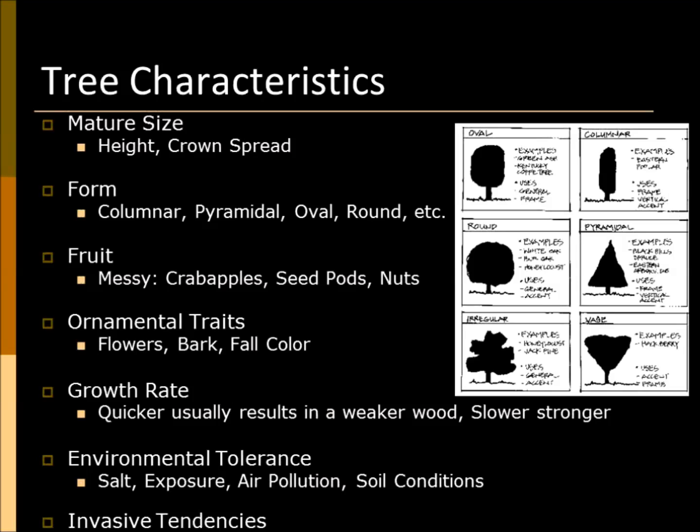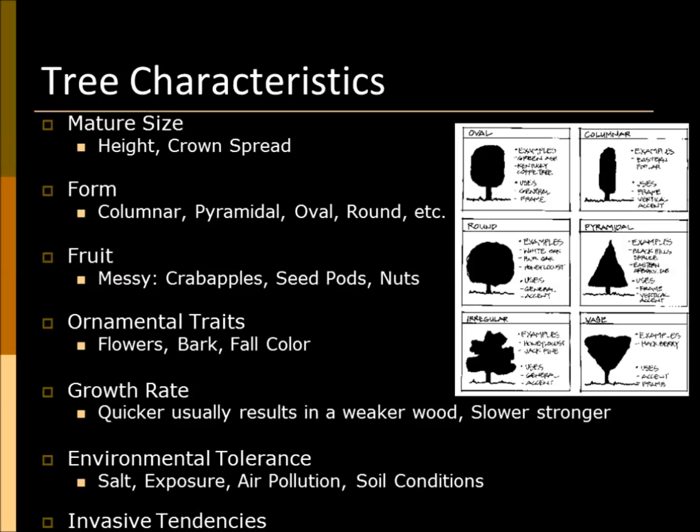The other thing that's really neat to do is look at the ornamental traits of your tree. Fall color, exfoliating bark like the birches, the flowers that they have, so that you've got some nice attribute of the tree that will be there all year round, which is helpful. Growth rate's important to know for your tree and for structure of the tree.